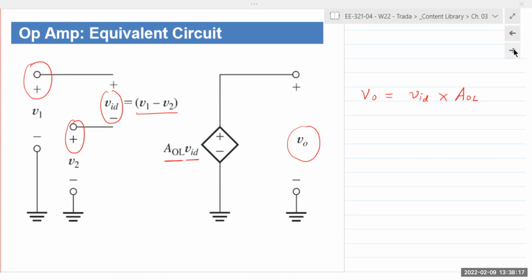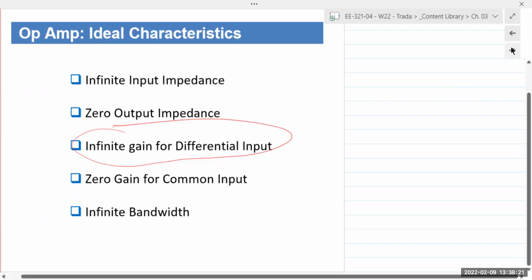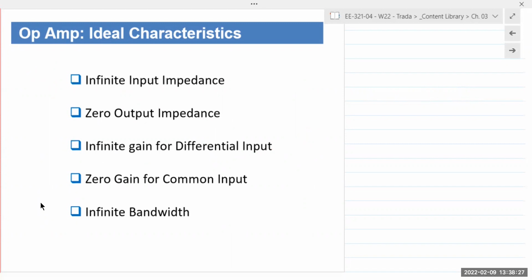So what are the properties of an ideal op amp? An ideal op amp has infinite input impedance. Again, it doesn't matter what kind of op amp it is, the design and construction of the circuit determines that it has infinite input impedance.